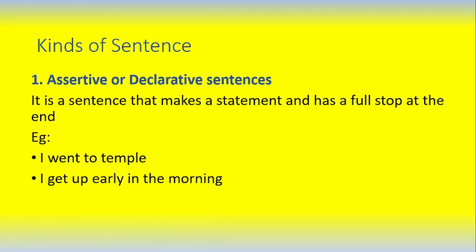I get up early in the morning. Again, I assert that I get up early in the morning. My friend is in first year degree. I affirm that my friend is studying in the first year degree class. All these are examples of assertive sentences.